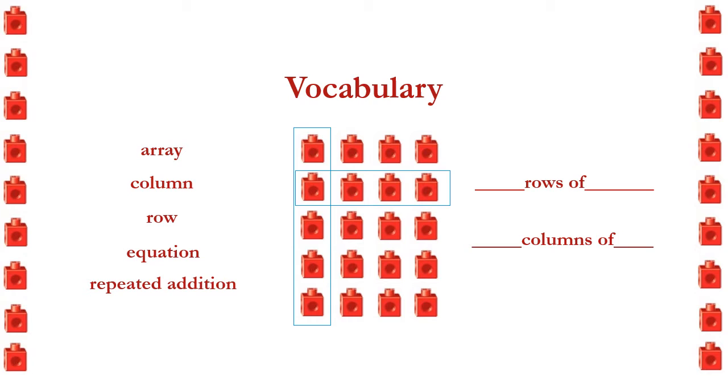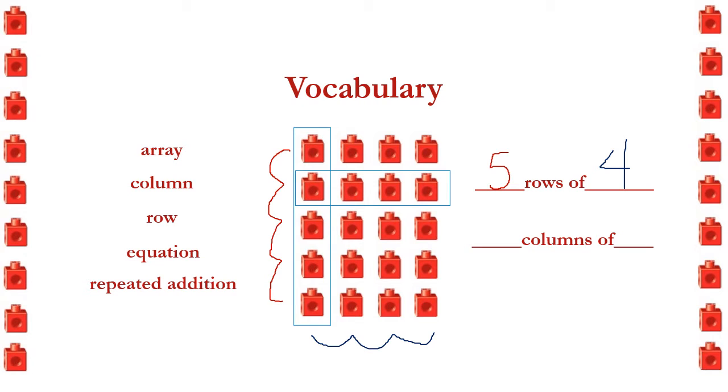Well, how many rows are there? That's pretty easy to figure out. 1, 2, 3, 4, 5. So we've got 5 rows of how many? How many are in each column? 1, 2, 3, 4. So we would say 5 rows of 4.